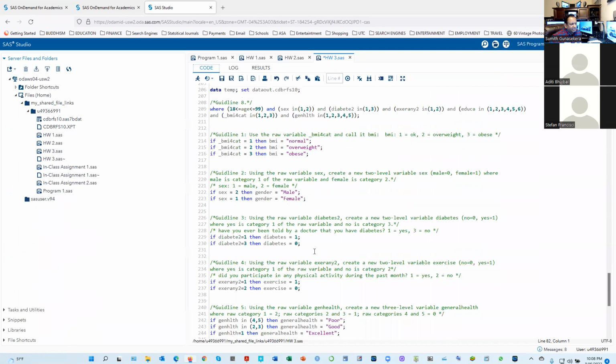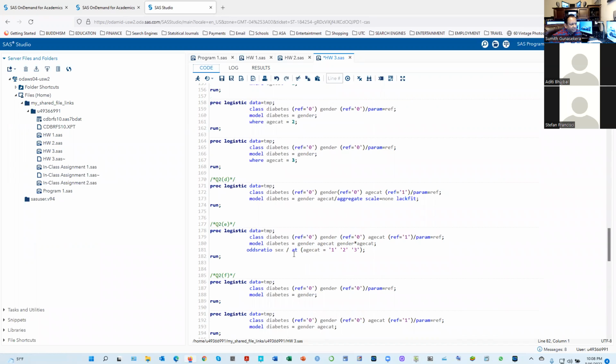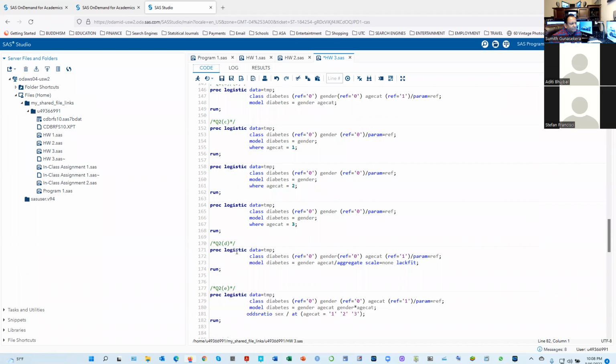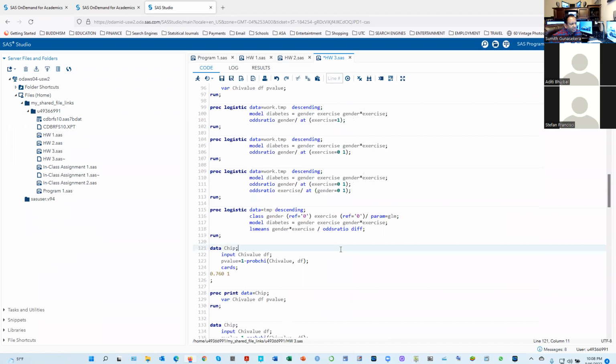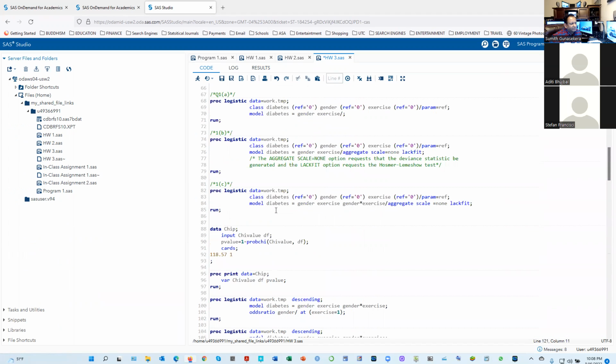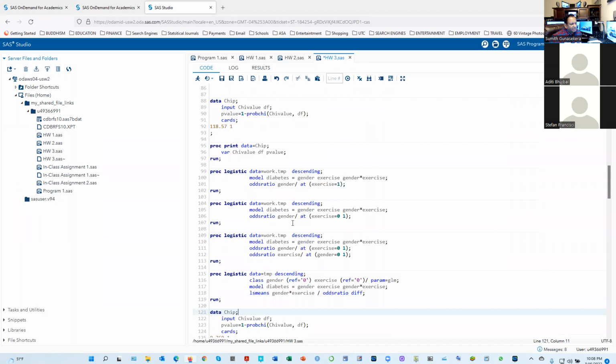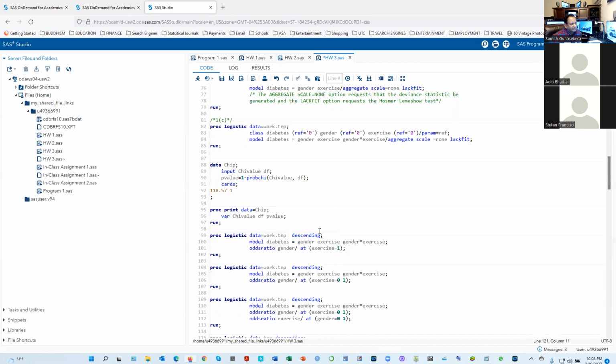We can get it by asking them to show the odds ratio.